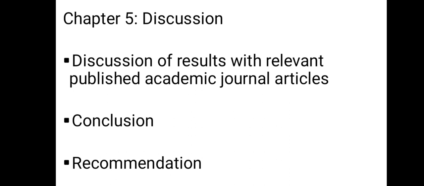Now, we'll talk about the discussion section. In the discussion section, you have to discuss the results you have presented in the previous chapter, that is chapter 4, comparing them with relevant published academic journal articles, which you have earlier reviewed. Compare different aspects of your results and specific objectives that you have achieved using the findings from published work of other people who work on the same thing that you are currently working on.